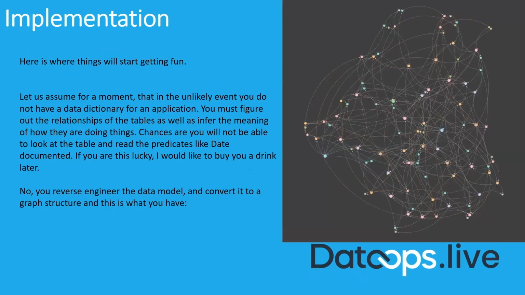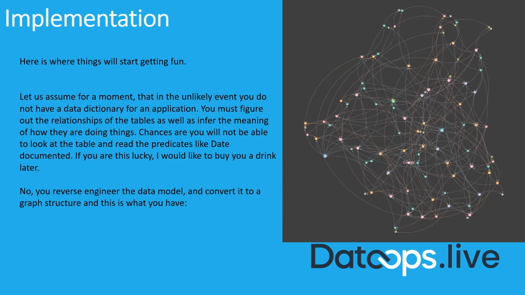Now, putting all this stuff together, this is where things start to get fun. Let me revisit the whole idea of a data structure graph. In the unlikely event that you inherit an application that you need to do some analysis with, and you need to bring that data into your enrichment platform, into your data vault. Just in case you don't have a data dictionary and the tables are not well defined, you may have to reverse engineer that.